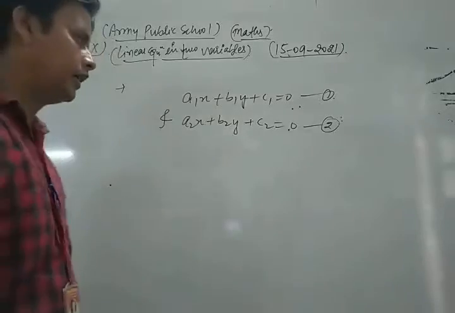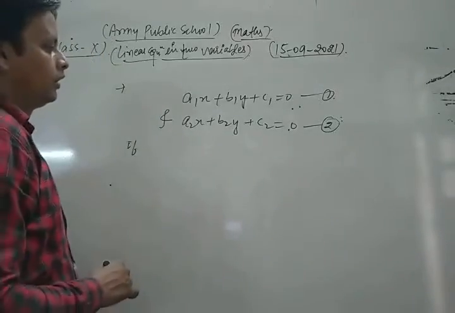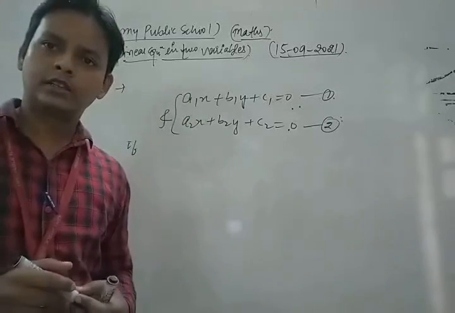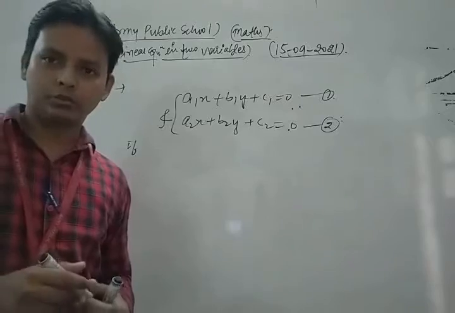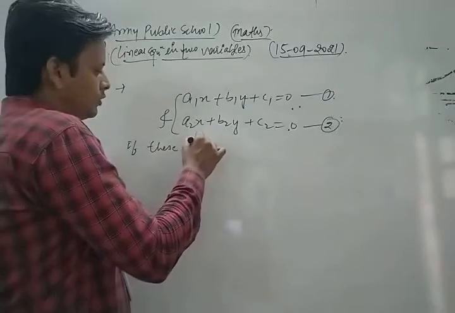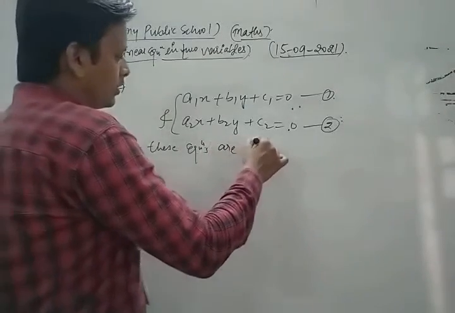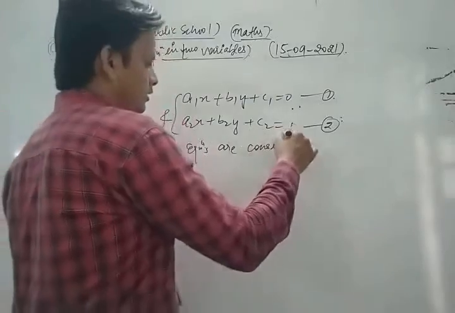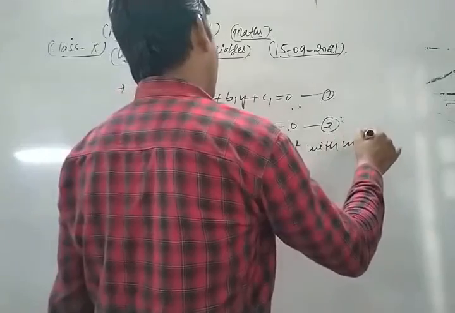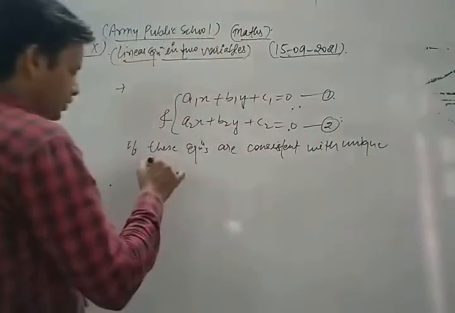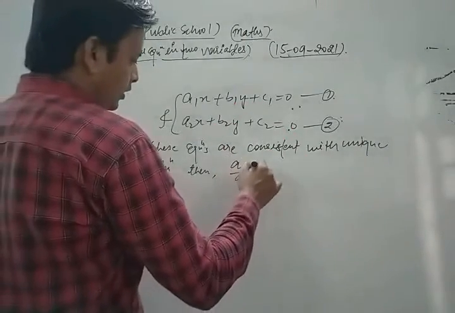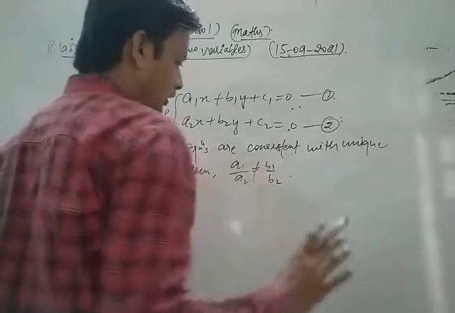Dear friends, if this pair of linear equations is consistent with a unique solution, then a1 upon a2 is not equal to b1 upon b2. In this way we are clear.